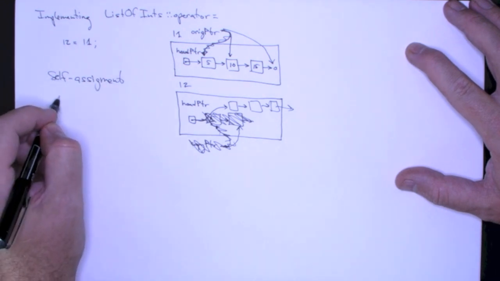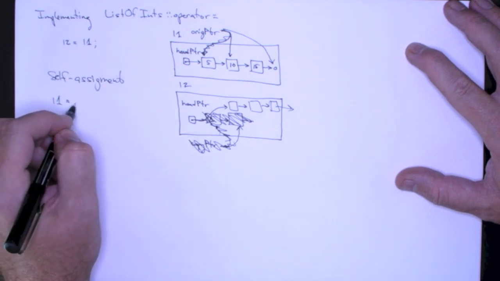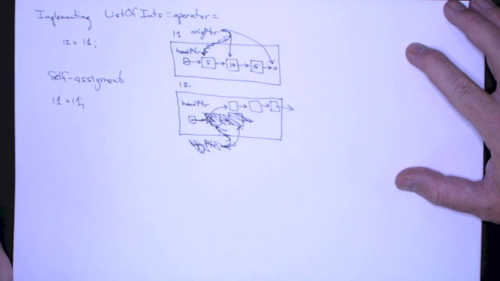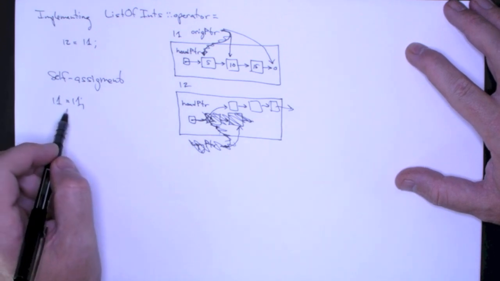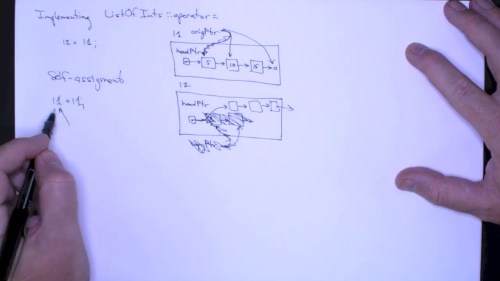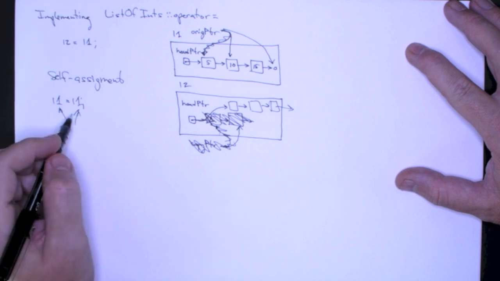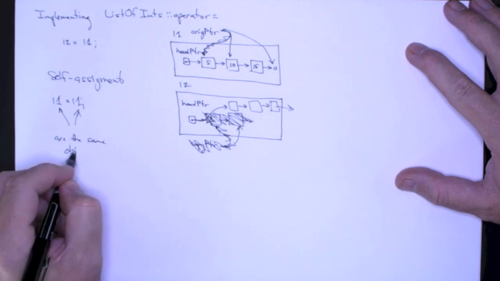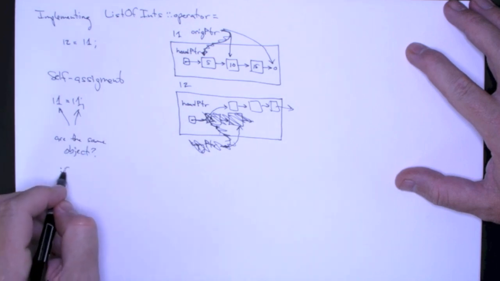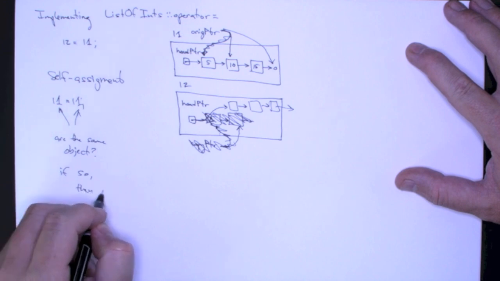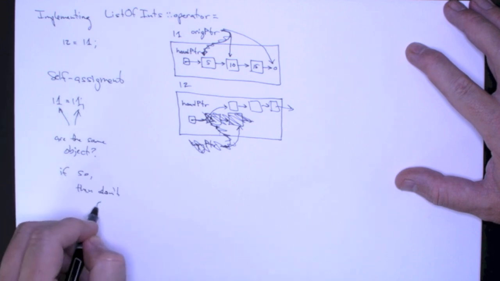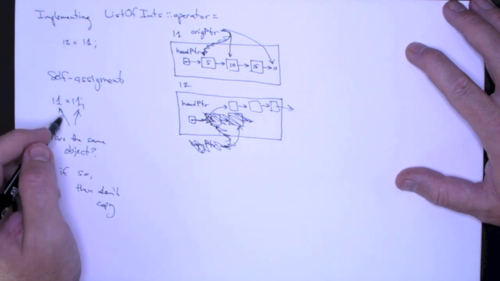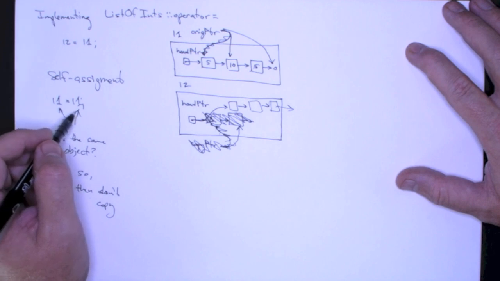What would happen if some programmer types L1 is equal to L1? What we're going to do here is see if the object and the parameter are the same object. If they are the same object, then don't copy. This is going to give us an illustration of a really good use of the this pointer.